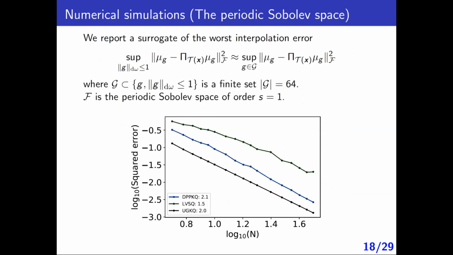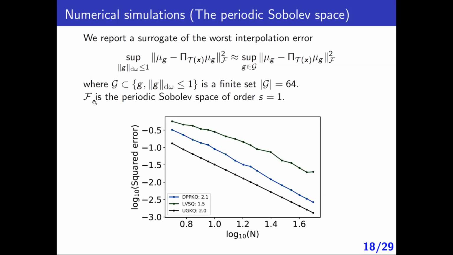Now I will change the setting. I will consider the worst interpolation error. I cannot calculate it in general, but I can calculate it on a finite set. So instead of considering the maximization on the unit ball, I will maximize on a finite set of the unit ball. And the cardinality is 64, for example.